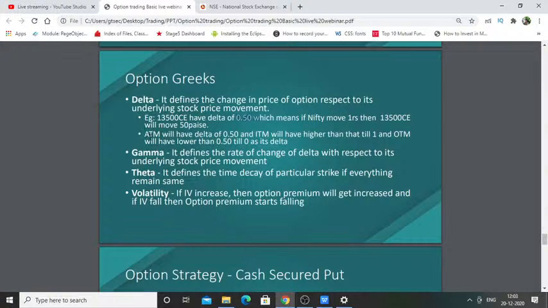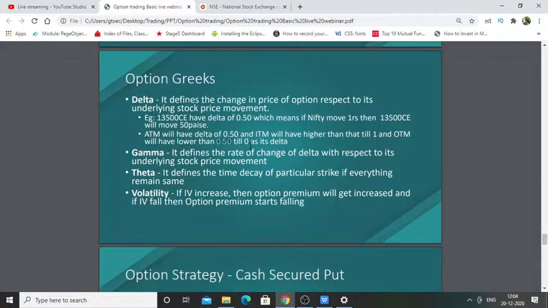The ATM delta, the at the money delta, will have a delta of 0.50, and the in the money delta will always have a higher delta, from 0.50 up to 1. OTM delta will have a lower delta, from 0.50 down towards 0, such as 0.45, 0.40, 0.30, 0.20.